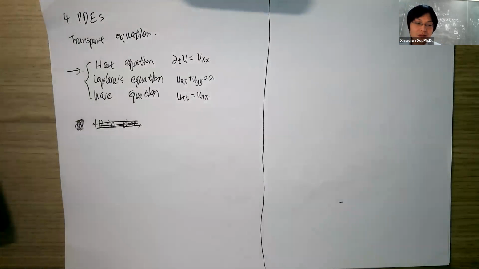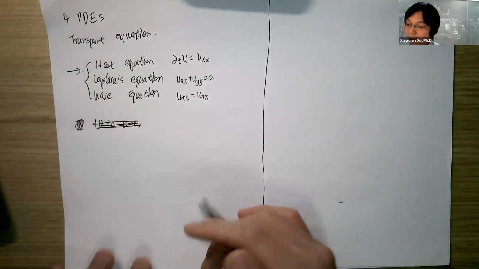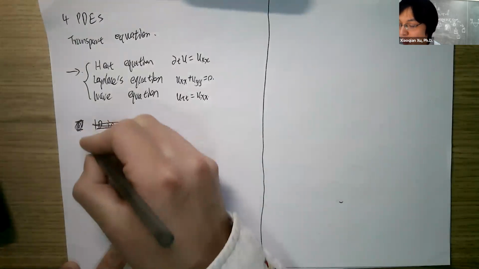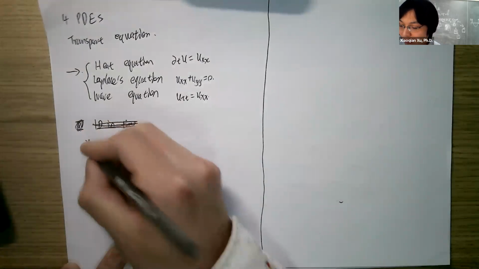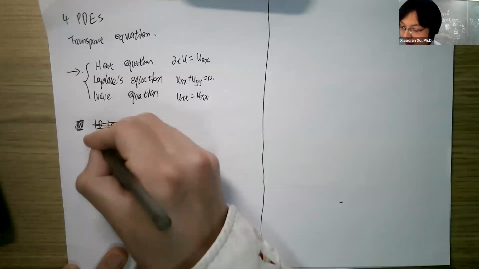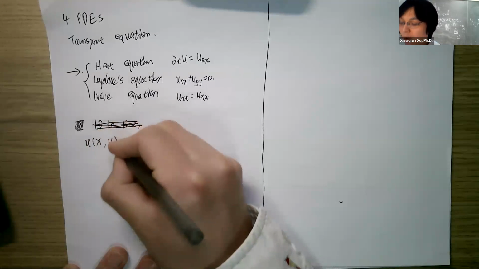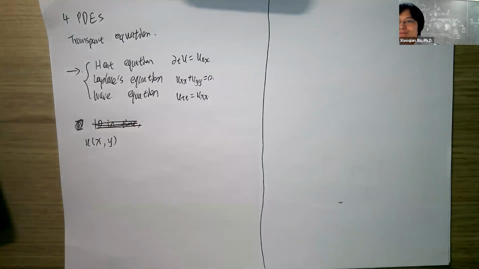So maybe let's discuss something simple. Let's say we are only in 2D, which means you are discussing u that only depends on x and y, and see what happens if we have some differential equations about u, where u is from R2 to R, okay?